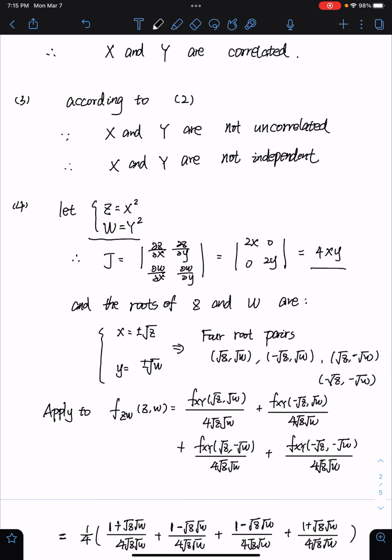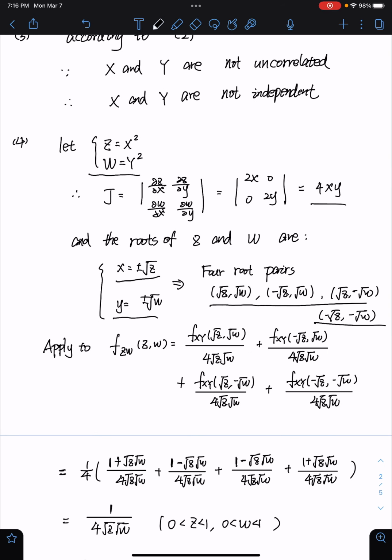Then we need to find the roots of x and y with respect to Z and W. So x has 2 values and y has 2 values, so we will have 4 root pairs. Then we apply these 4 pairs to the equations to find the joint density of x square and y square.